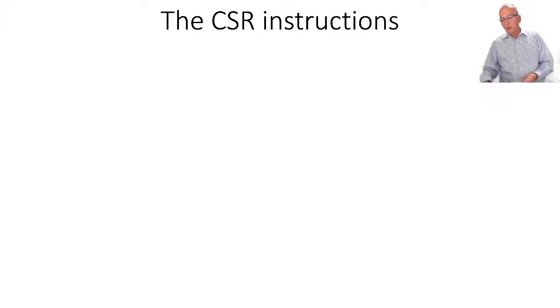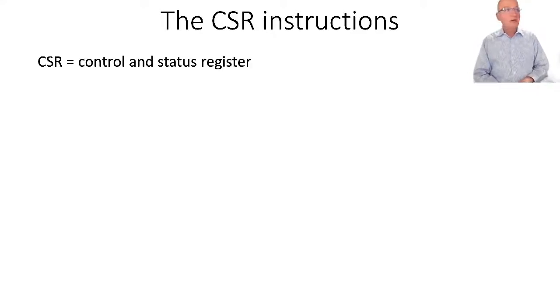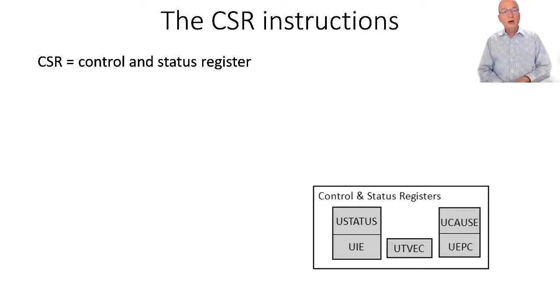There are several instructions that we can use to manipulate the value of the control status registers in RISC V. Remember that CSR stands for control and status registers. Here is a group of 5 control and status registers that we pay more attention to: the user level cause, the user level status, the user interrupt enable, the user exception program counter, and the UTVEC.